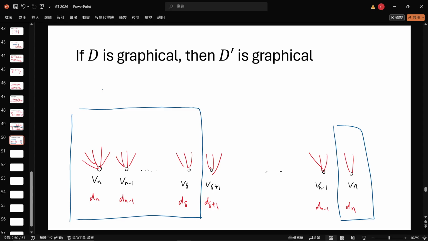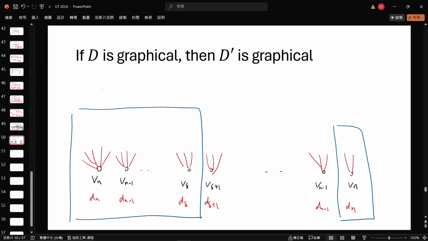So this is like the other direction, okay? So now, the degree is too high. In the previous case, the degree is too small, and we want to create more edges. But now the degrees are too high, and so we have to remove some edges instead of adding edges, okay?